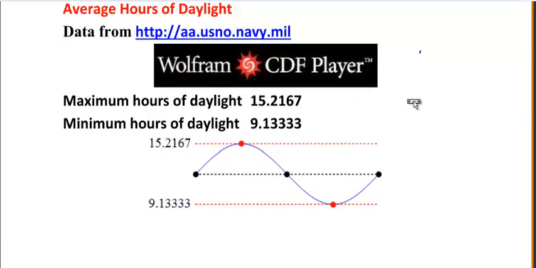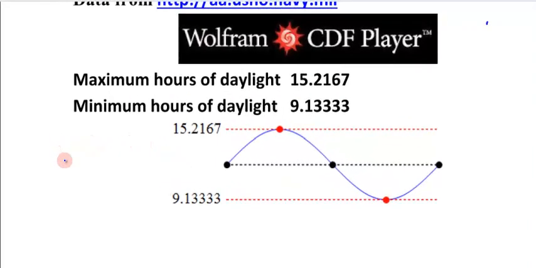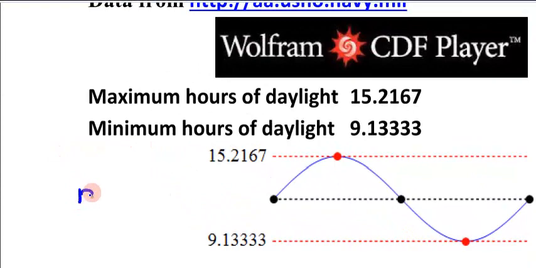If we look through those numbers, the data here, the longest day was 15.2167 hours of daylight, and the shortest day was 9.133 hours of daylight. To come up with a model, we have to first of all find the baseline.